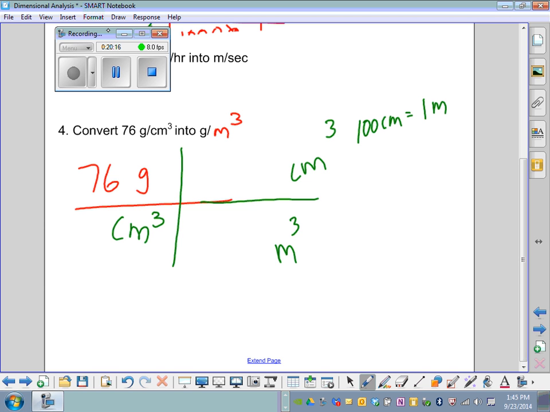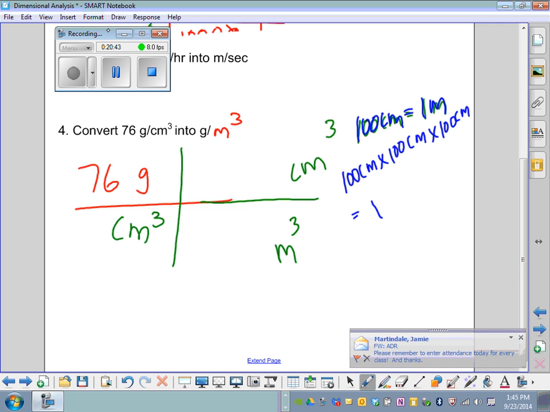How many centimeters makes a meter? 100 centimeters is equal to 1 meter. But if I need to get to centimeter cube, how many times must I be multiplying the centimeters? 3 times. So let me do this, 100 centimeters equals 1 meter.